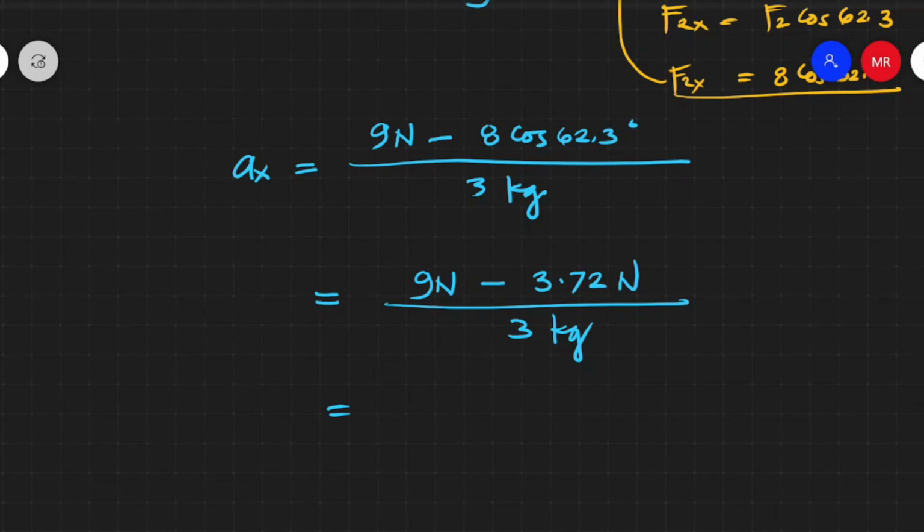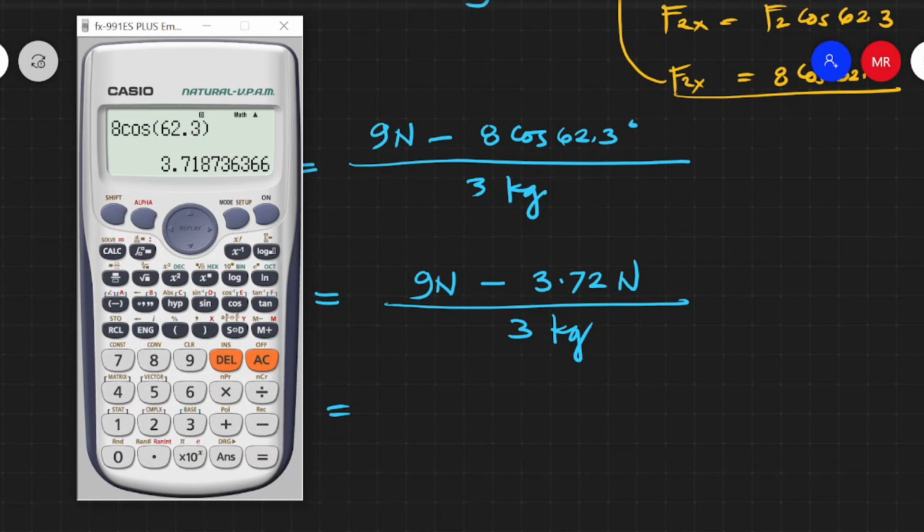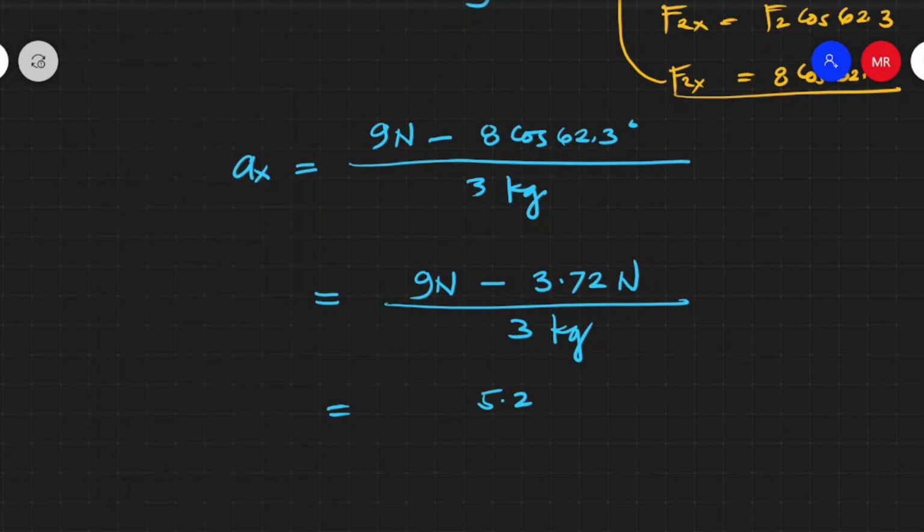So from our calculator, that's 9 minus the answer. So this is 5.28 newtons all over 3 kilograms.